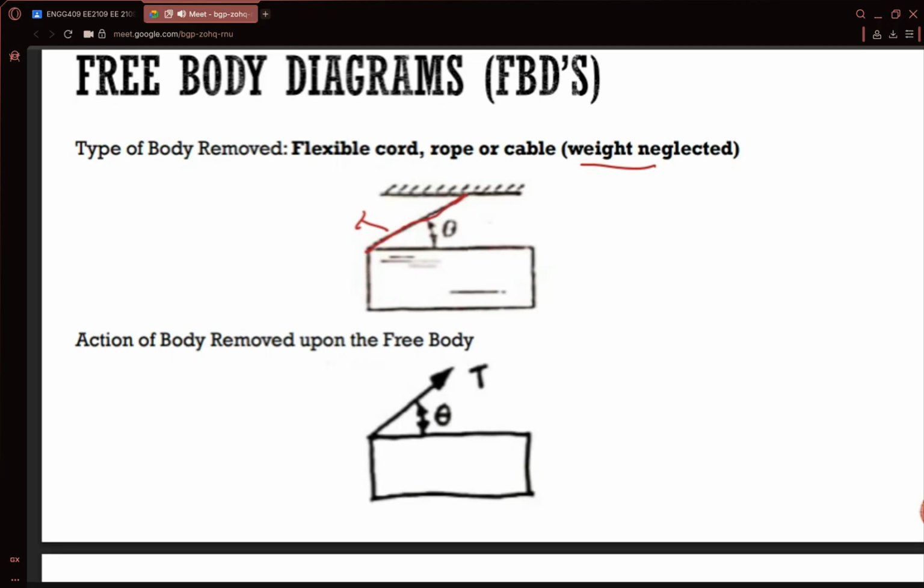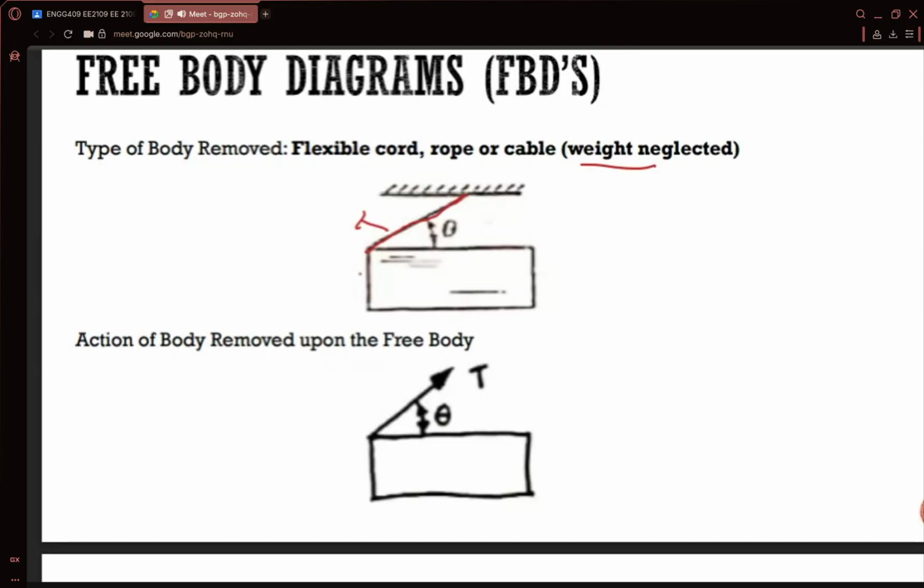So we're not considering yet the weight of those cords. We will be considering their weight most likely in your next course, which is deformable bodies. The weight will be considered once you're already discussing the deformable bodies. So for now, they are weightless. This is the surface.